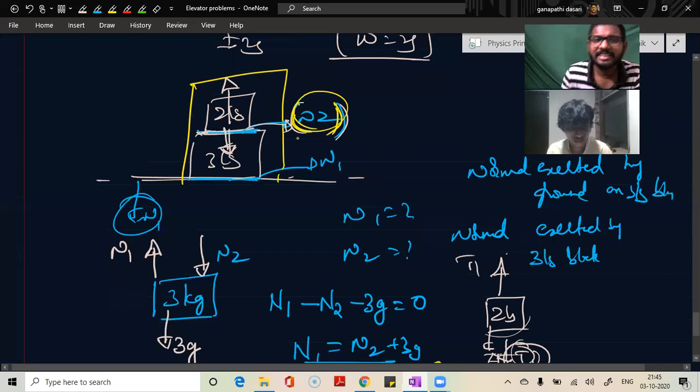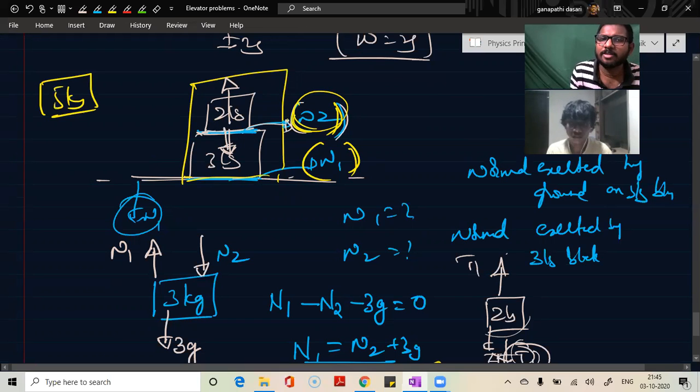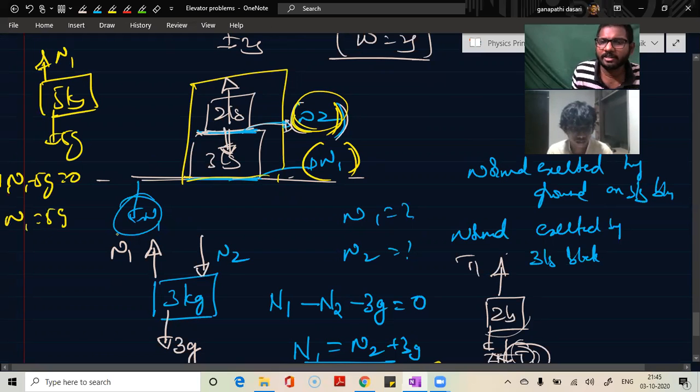If the examiner only asked me about N1, after a lot of practice, what will I do? I will consider this 5 kg to be the system, because N2 is an internal force. Then this will be 5G downwards, N1 upwards. So N1 minus 5G is equal to 0. N1 is equal directly to 5G. You got the answer now.